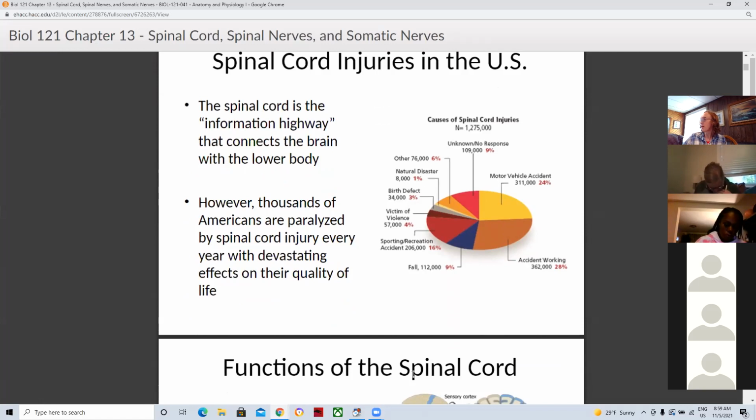Because those are parts of the central nervous system. So that's what's controlling your movement. Yep, but why is it still so devastating?